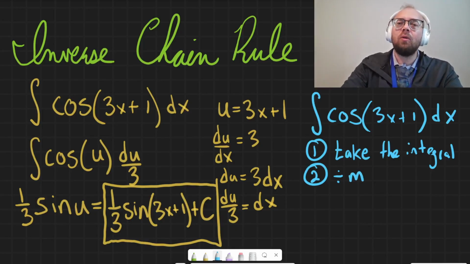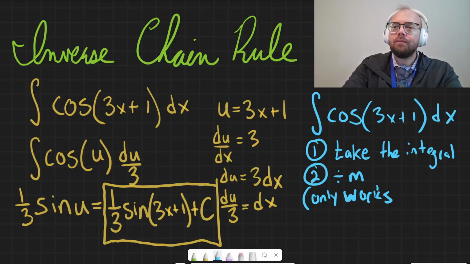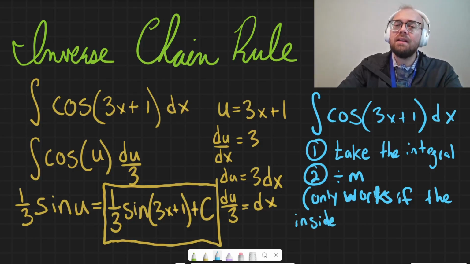Because this only works if the inside is of the form mx plus b.